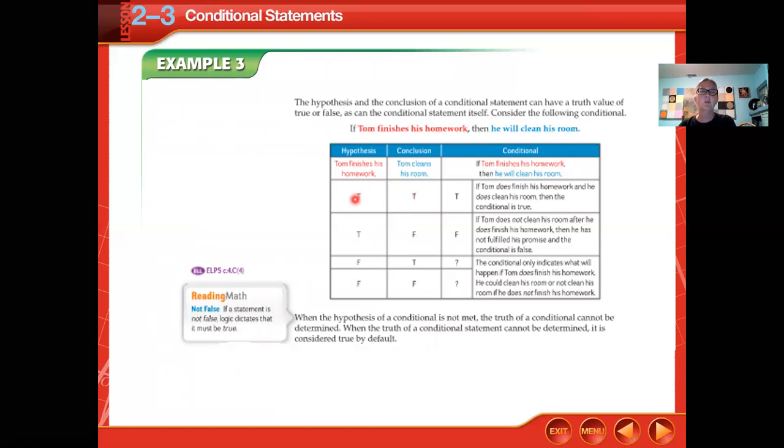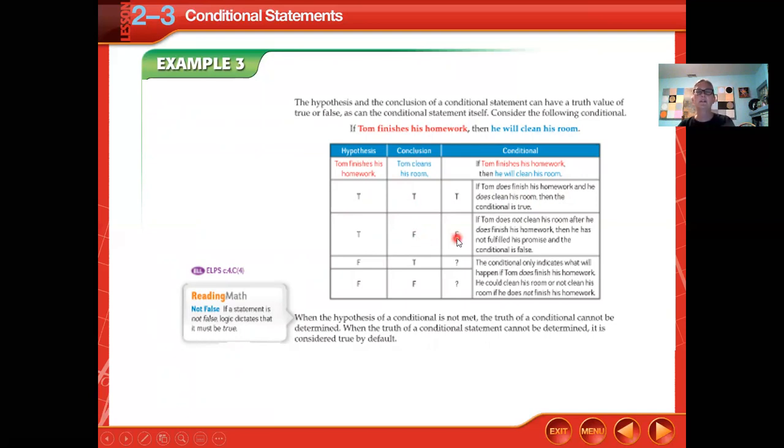Either Tom finished his homework and he cleaned his room. If both the hypothesis and the conclusion are true, then the whole conditional itself is true. If Tom does finish his homework and he does clean his room, then the conditional is true. Let's say Tom finishes his homework and doesn't clean his room.